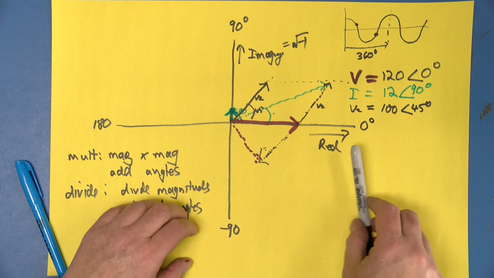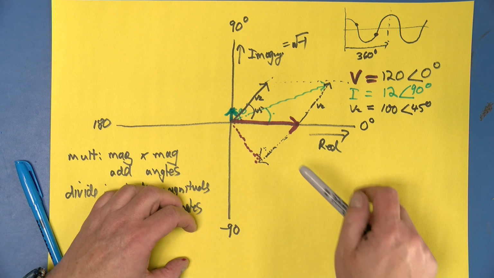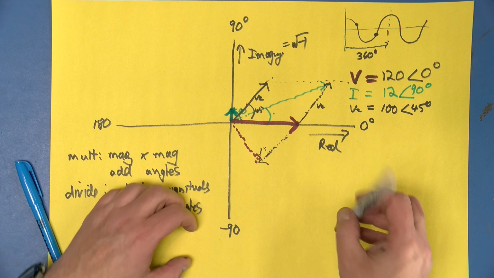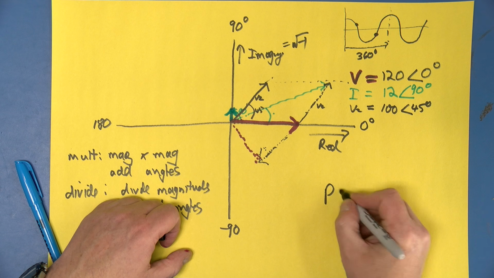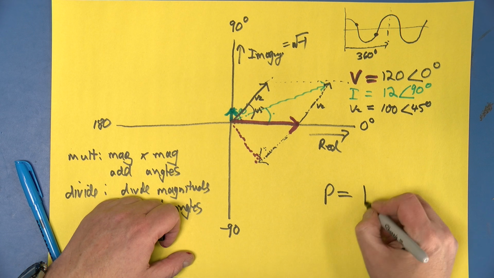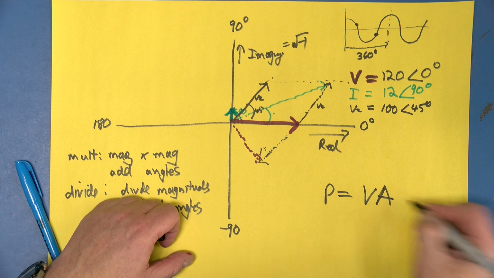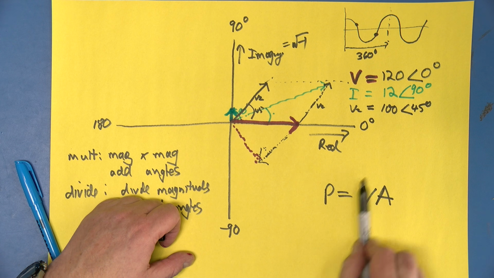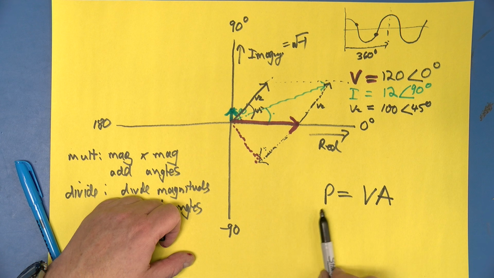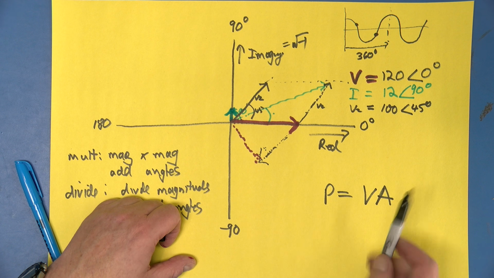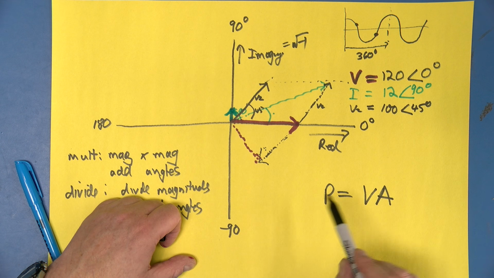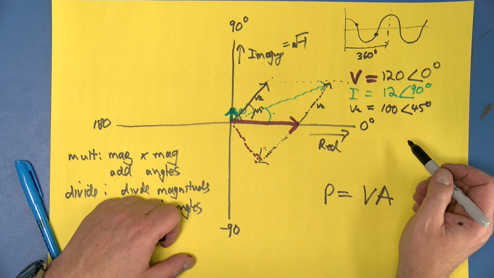And indeed, when we used phasors to calculate power, where power equals volts times amps, well, if volts and amps are phasors, you get a power that is a phasor and may have some angle to it.